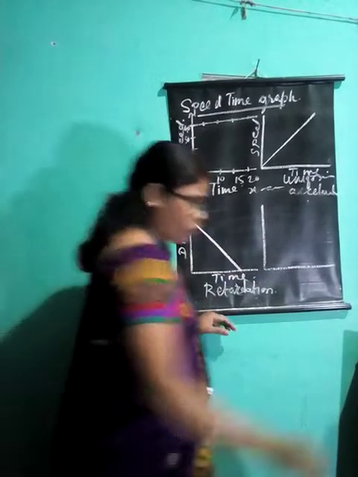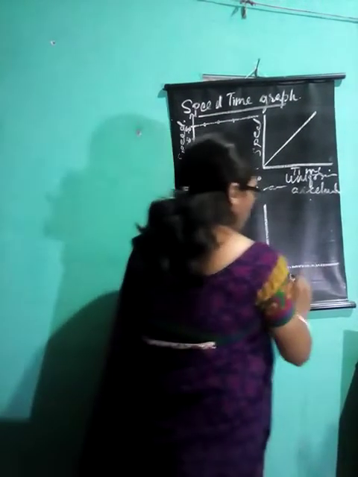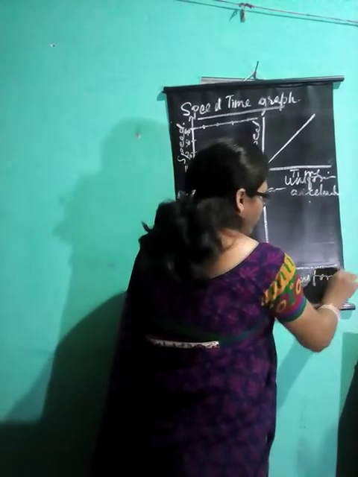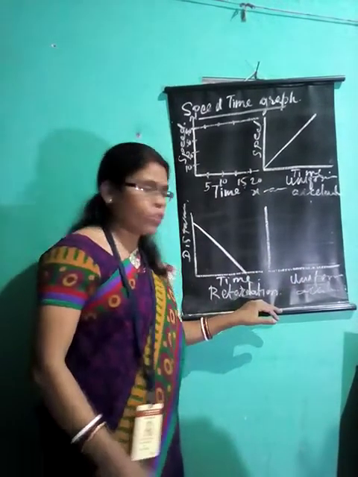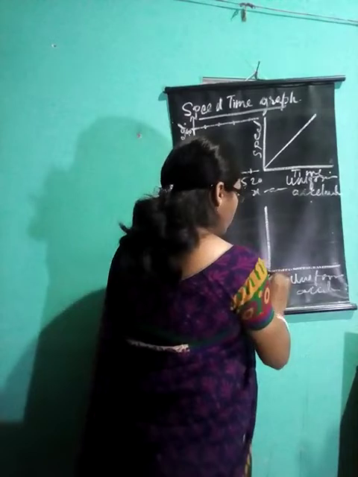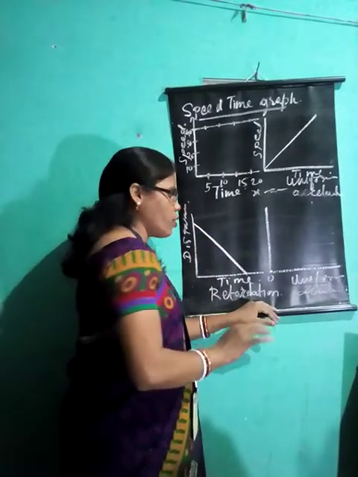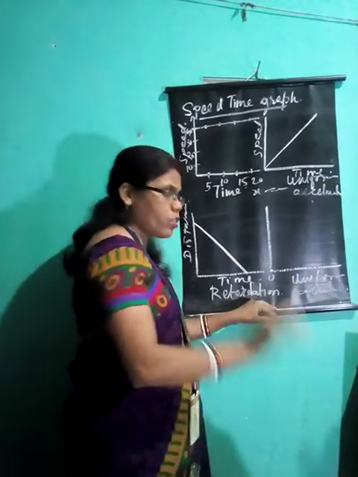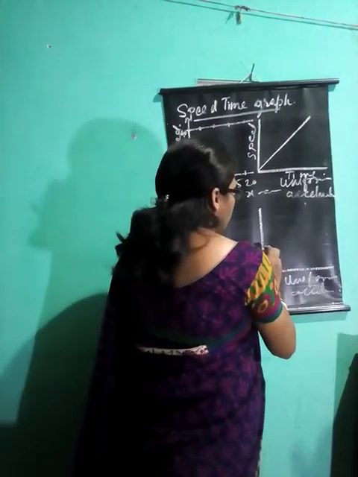Another one is for uniform acceleration again, but in that case your initial velocity is not zero. Each time, till now, we have been taking initial velocity as 0. When the initial velocity is not 0, it has some initial velocity.